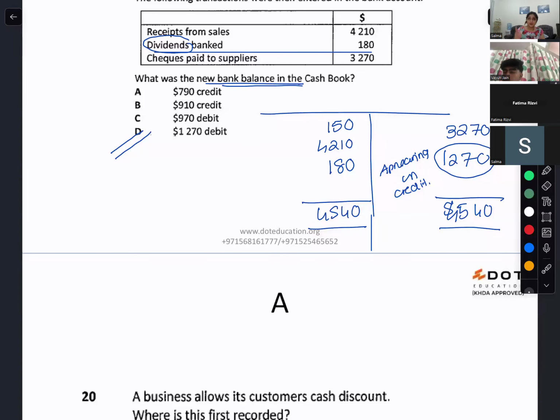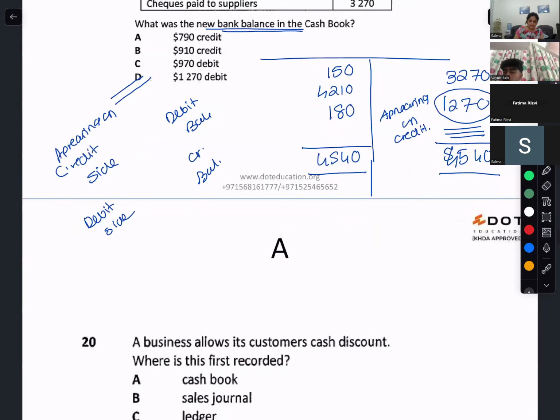Debit balance, because the debit side total is more, or you can say closing balances appear on the opposite side. And if it's appearing on the debit side, then it will be a credit balance.